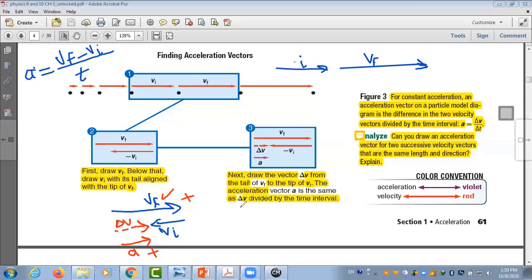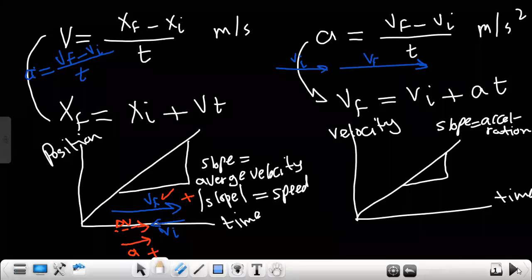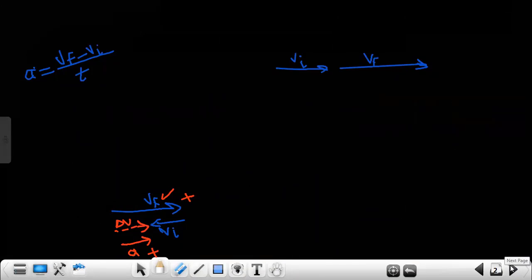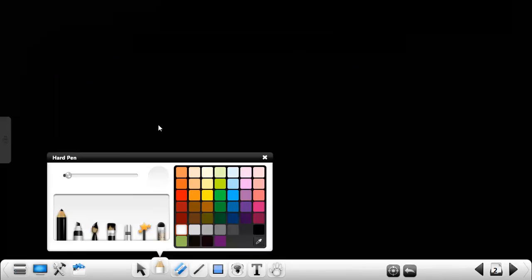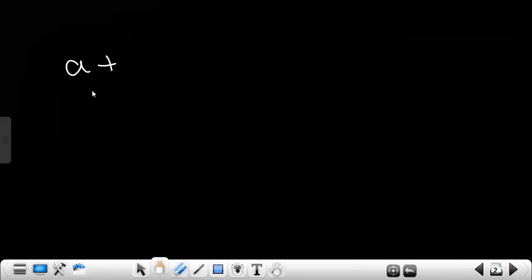So we can summarize that if acceleration and velocity are in the same direction, if velocity is positive, acceleration is positive, it means the object is speeding up.